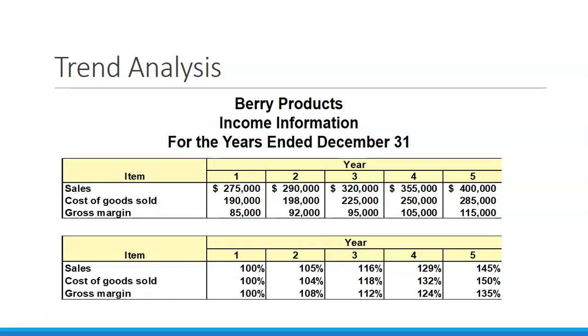All of our information is trending up from year 1 to year 5, but we usually also want to see in what percentage cost of goods sold is going up as a percentage to sales. We would hope that they would go up in relation to each other and that our cost of goods weren't increasing more than our amount of sales were increasing.